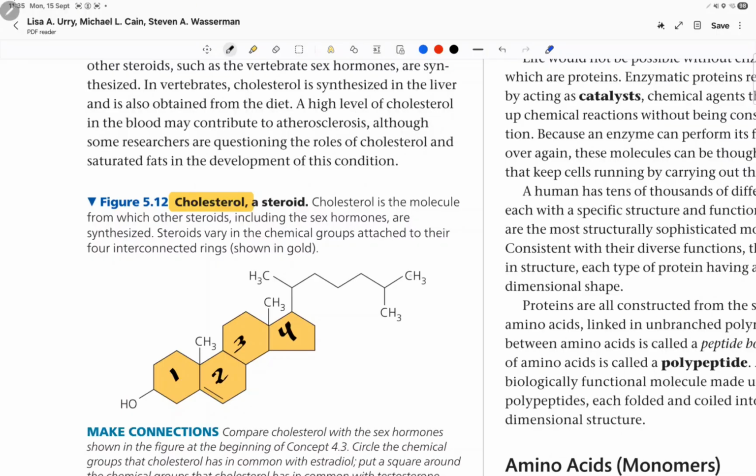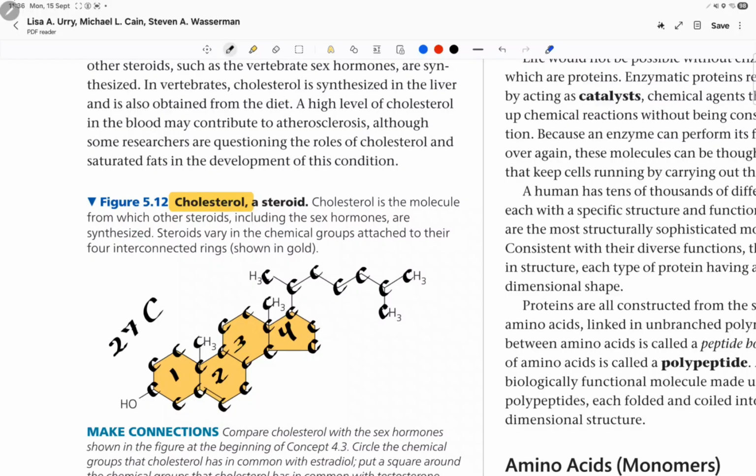And of course, by the way, here we have 27 carbons in cholesterol with more hydrogens, in the 40s basically.